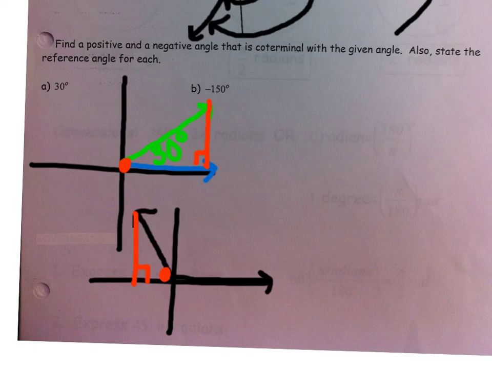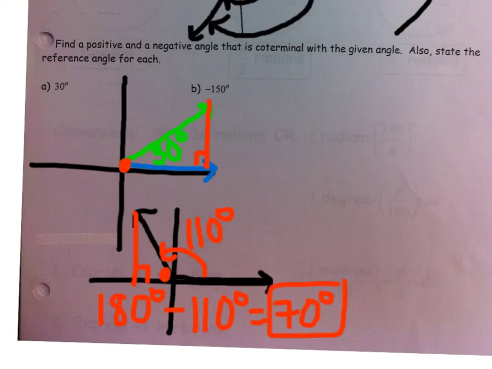Well, the way to do it is, if you know that this is 110, that's what we talked about, and you know you have to connect the terminal side down to the x-axis, this remaining angle in here that I have with the dot would be 180 degrees, because from geometry a straight line is 180, minus 110. So the reference angle for this one, that little dot, would be 70-degree reference angle. So you always connect the terminal side down to the x-axis. That's the reference angle.